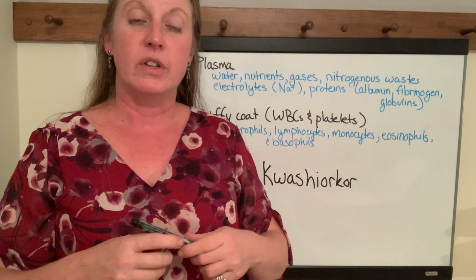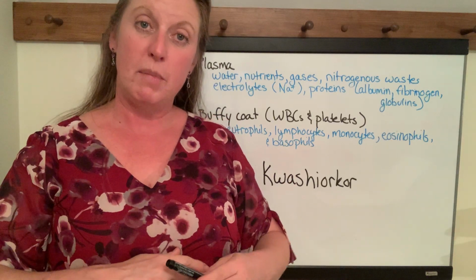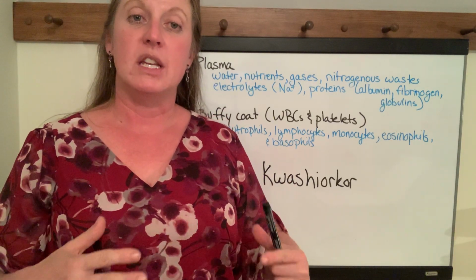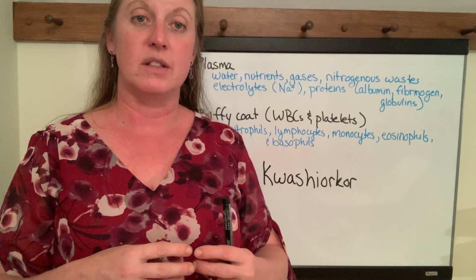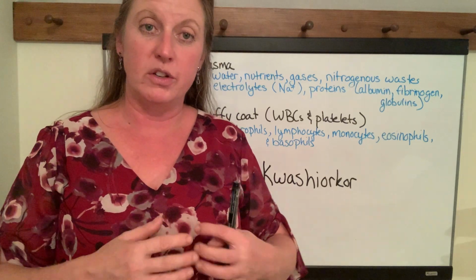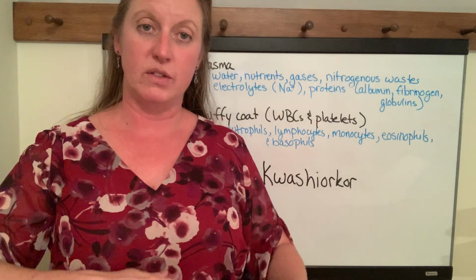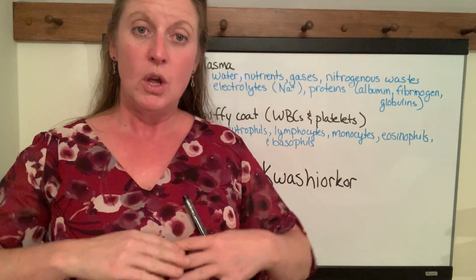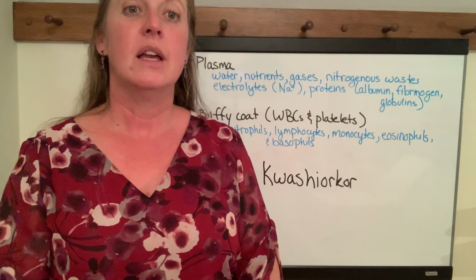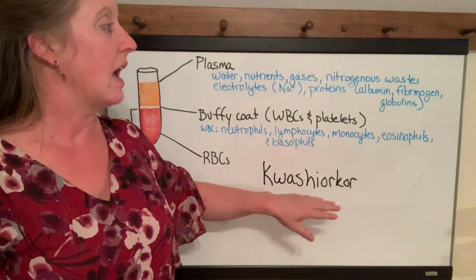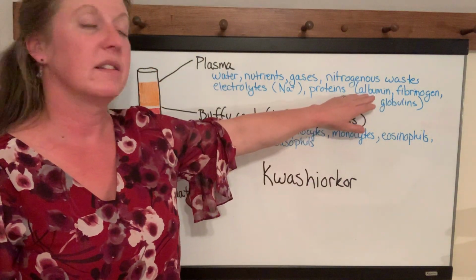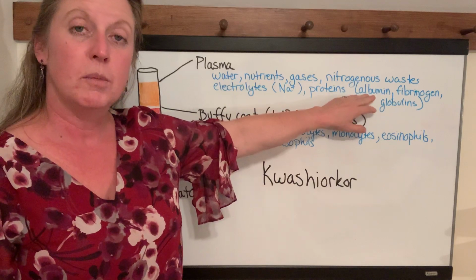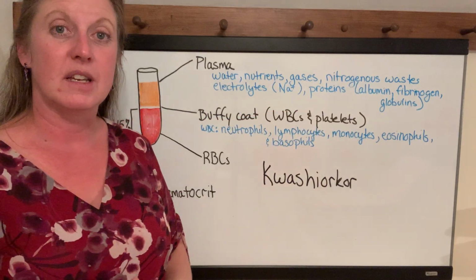And as a result, especially in the vessels of the belly, edema starts to develop. Instead of the blood being able to hold on to the water, it leaks out of the vessels and accumulates in the belly. And you will see these very emaciated children with very round tummies. And that's kwashiorkor, and it happens because the body's not able to make albumin because of a dietary deficiency in protein.